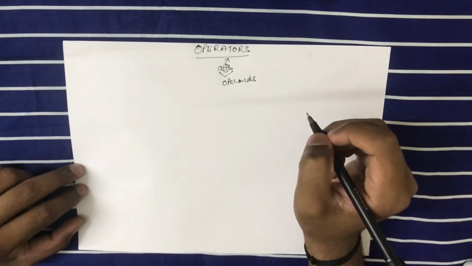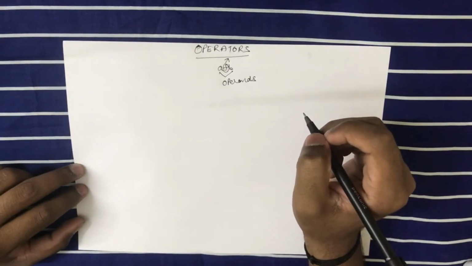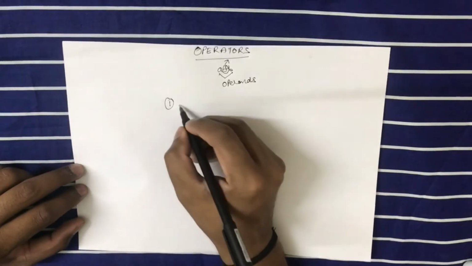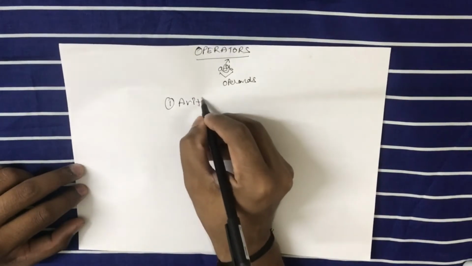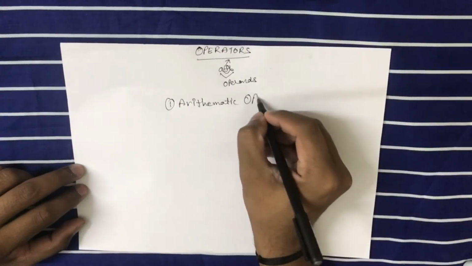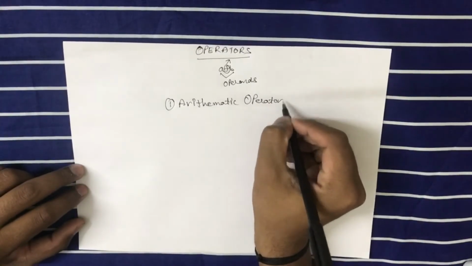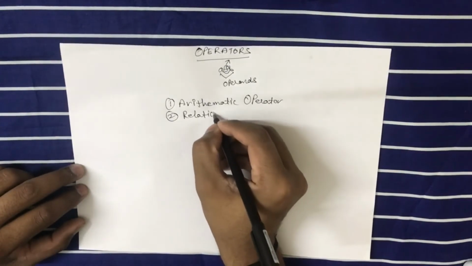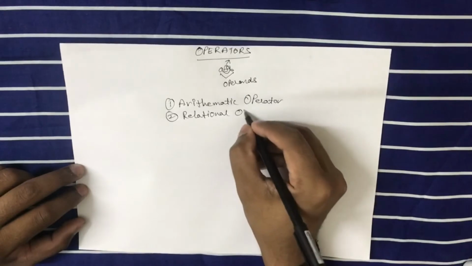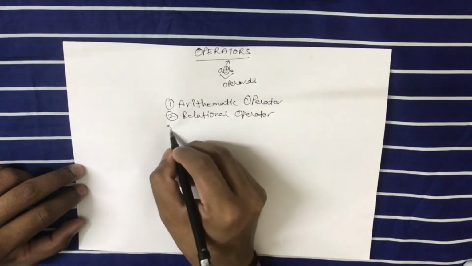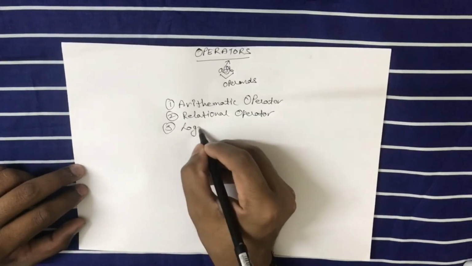So in total there are 6 types of operators which we will be discussing in this video. So what are the types of operators? First is your arithmetic operator. Second is your relational operator. Third, logical operator.